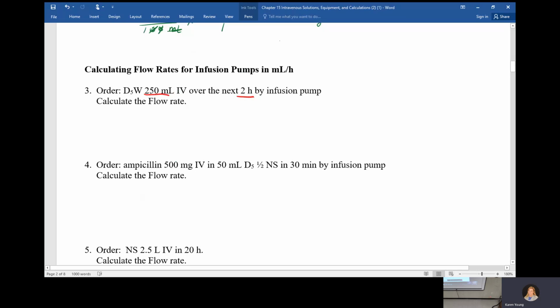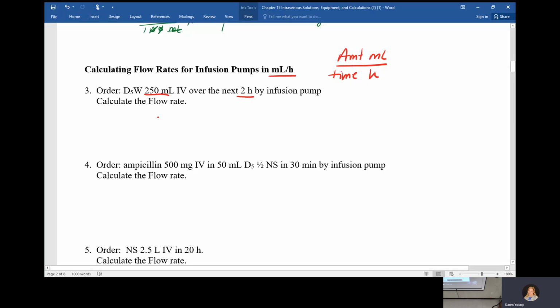Okay, and we want to write it as milliliters per hour. So we want it over 1 hour. So we're going to basically reduce it. We find the flow rate by taking our amount in milliliters, dividing it by our time in hours. Okay. For the most part, that's as simple as it gets.